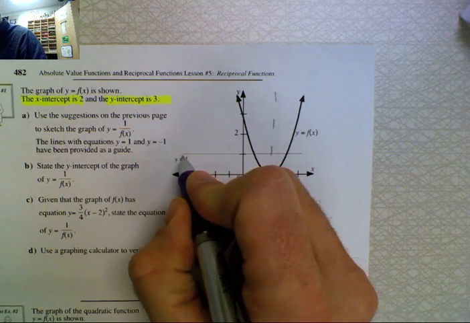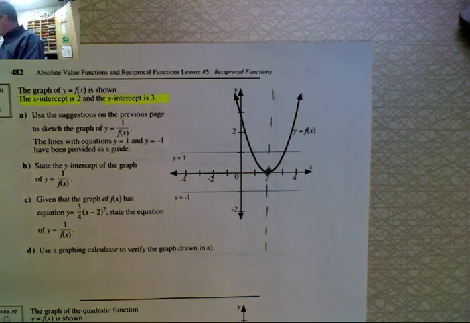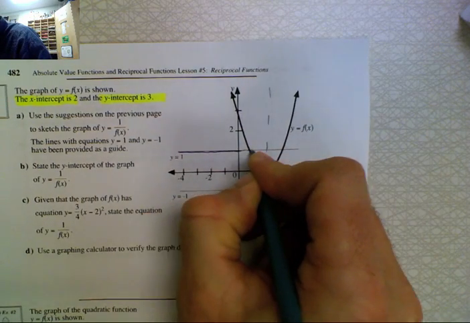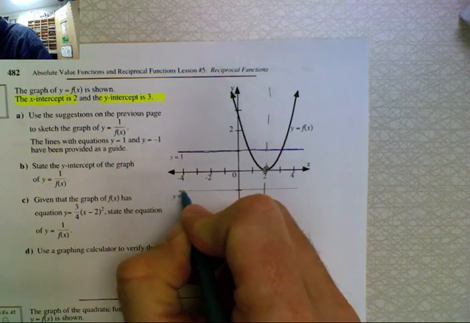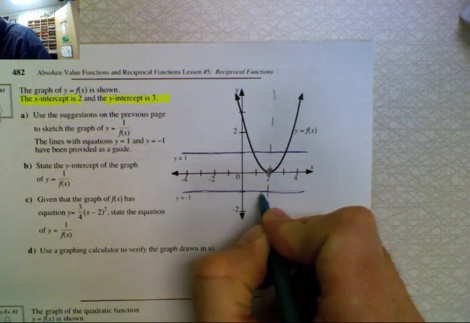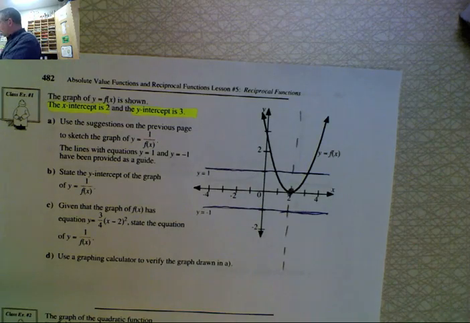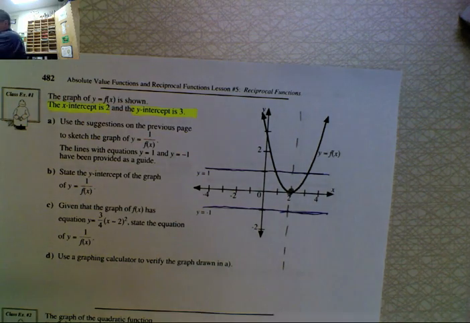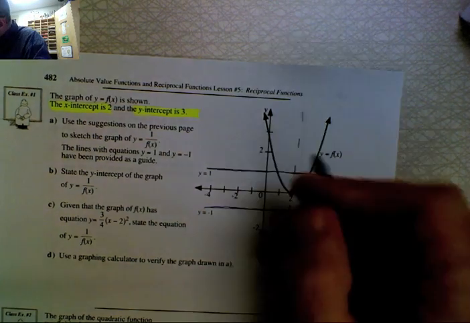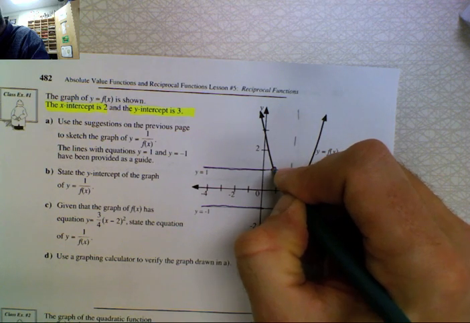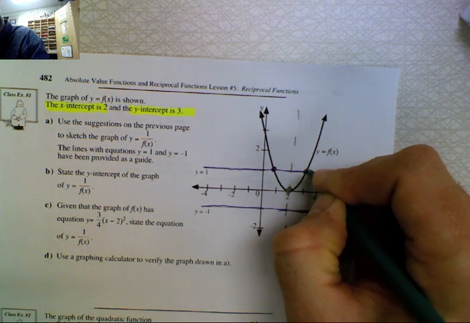If I look at this, they've actually drawn in lines at y equals 1 and y equals negative 1. So there are those lines. I am going to have two invariant points, one here and one there.